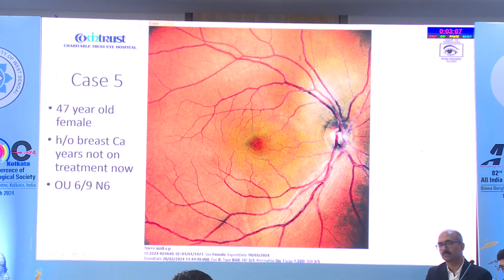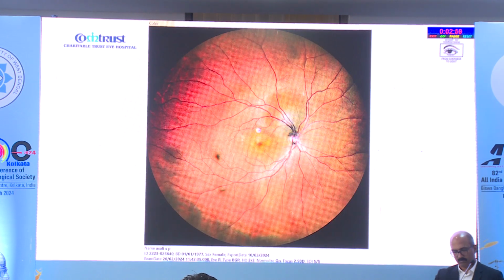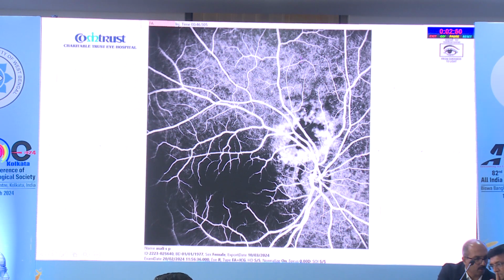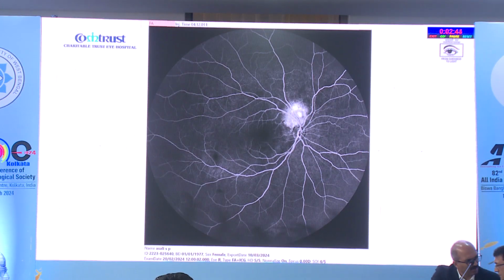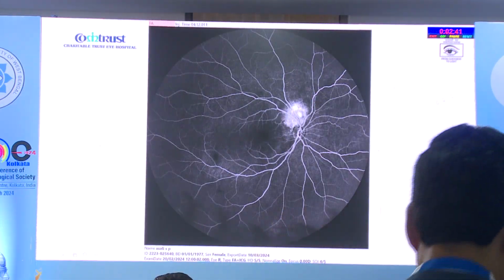Case number 5 is a 47-year-old female who had a history of breast cancer and was on treatment. She came with some vague visual complaints in her right eye, and you can see on the fundus photograph there is an elevated lesion along the superior arcade just above the disc. On angiography you can see there is granular hyperfluorescence in the early phase which is leaking in the late phases, and that's a wide angle angiography which shows the lesion clearly.